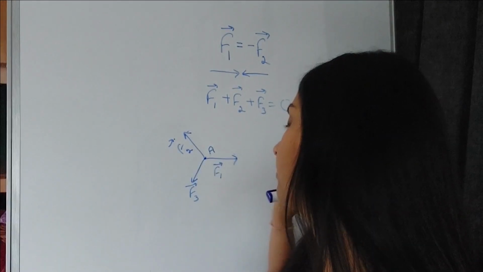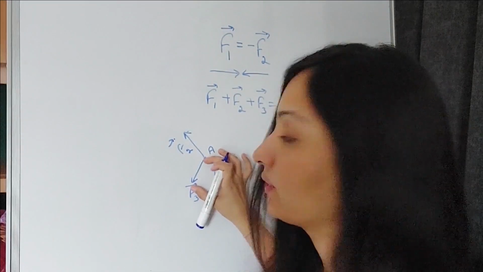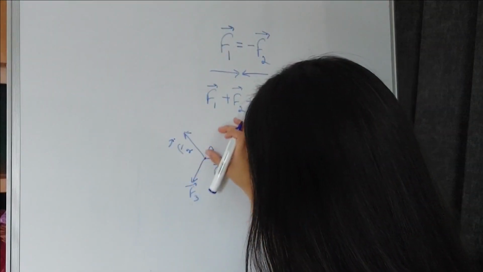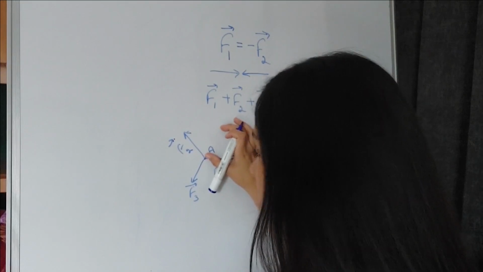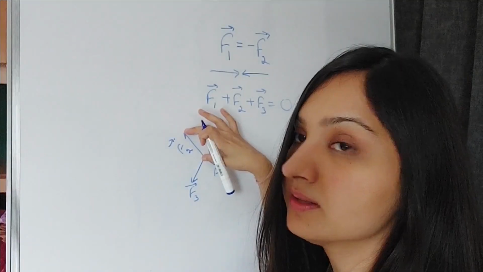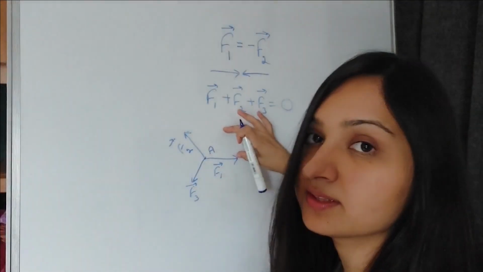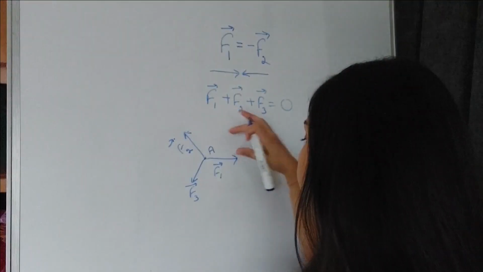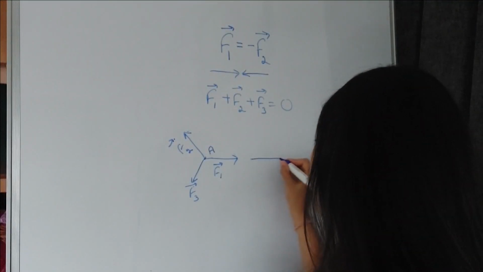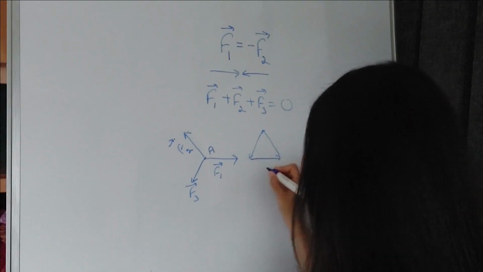Let F1 remain at the same position. I am picking this force F3 and moving it parallel to itself so that it comes here. And F2 is this. So I will be translating this force so that it comes here. So what will I get? I will get something like this, I guess.